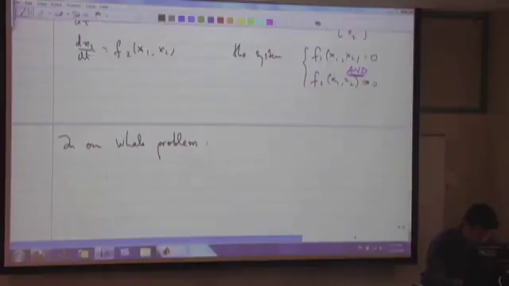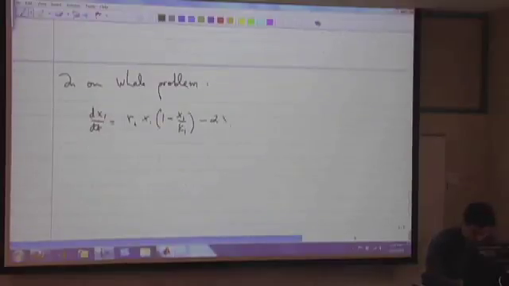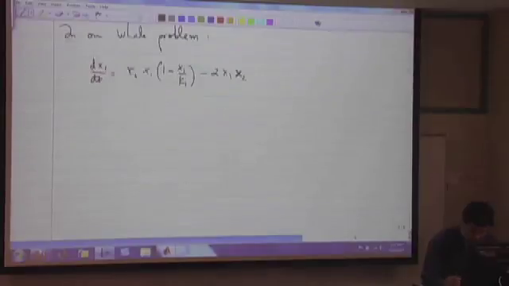What's the right-hand side? I have dx1/dt equals r1 x1 (1 minus x1 over k1) minus alpha x1 x2, and I have to set this equal to 0.